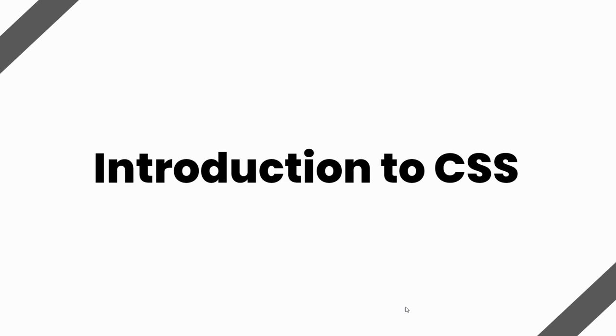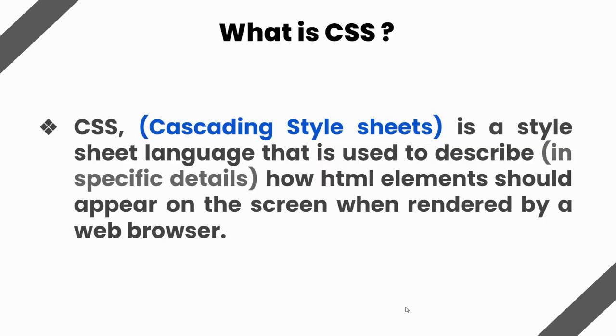So back to the first section, we have Introduction to CSS. What is CSS? CSS is short for Cascading Style Sheet, and it's a style sheet language that is used to describe in specific details how HTML elements should appear on the screen when rendered by the browser.